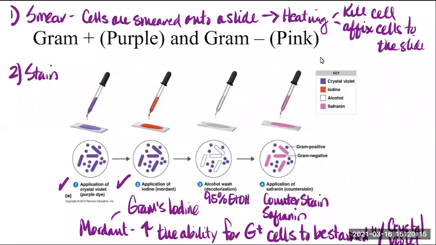But the fact of the matter is that because the Gram-positive cells are already stained purple, you're not going to really see this lighter pink staining. And because of that, the Gram-positive cells will be purple, and the Gram-negative cells will end up being pink.